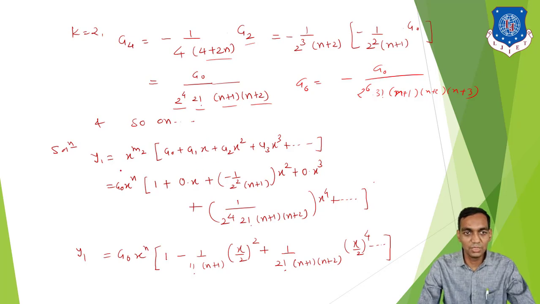Now substitute these values in your solution. Then y1 is x raised to m2 into a0 plus a1 x plus a2 x square. But m2 has a value n.